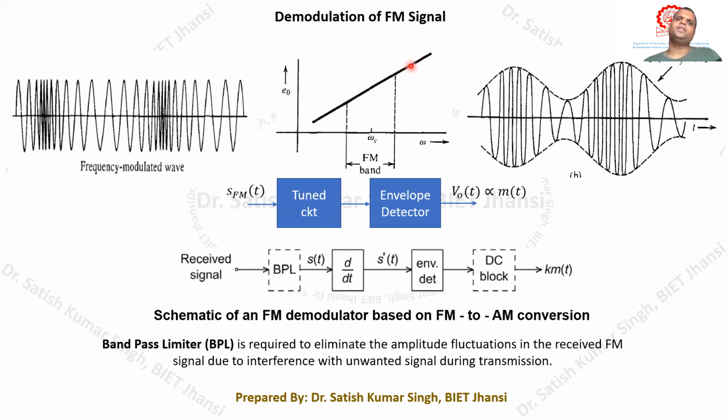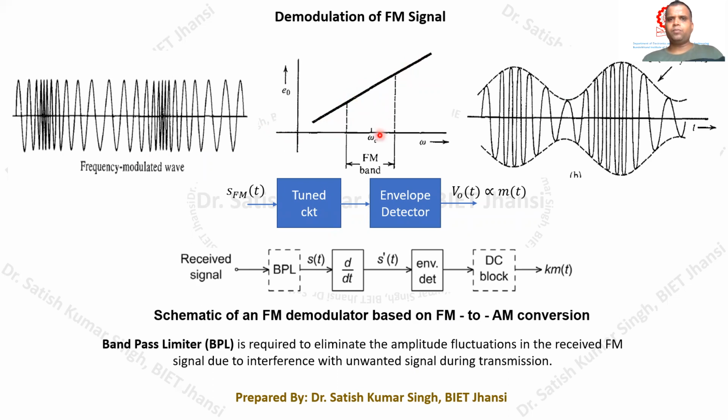So what this frequency response says is that the frequency response is increasing linearly with the frequency. This is a straight line, so it shows that the magnitude, or the response of the filter, is increasing linearly with respect to the frequency.